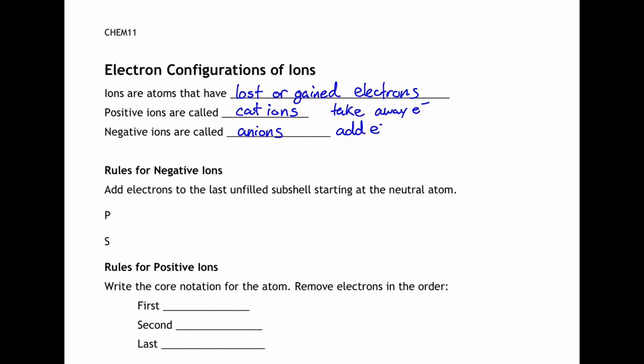Okay, so let's do our two, because I've got two elements here. Let's do their electron configurations to try to figure out how they can get there. Phosphorus is in the third row, element 15, so its lower noble gas is neon, 10. So we're going to put neon here.